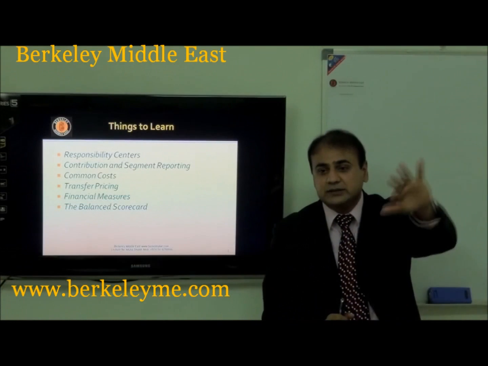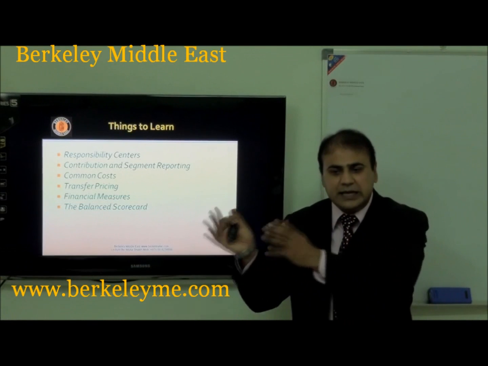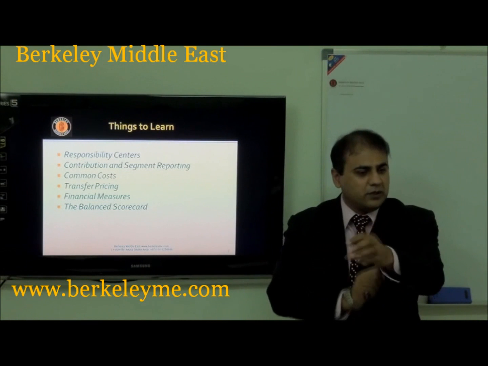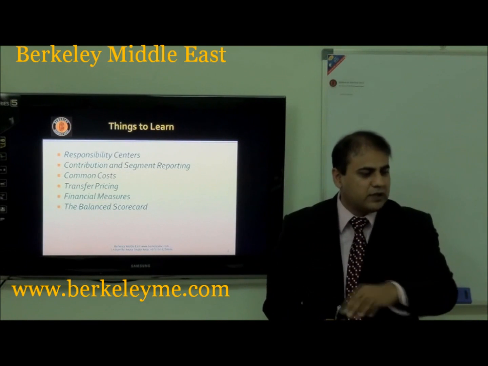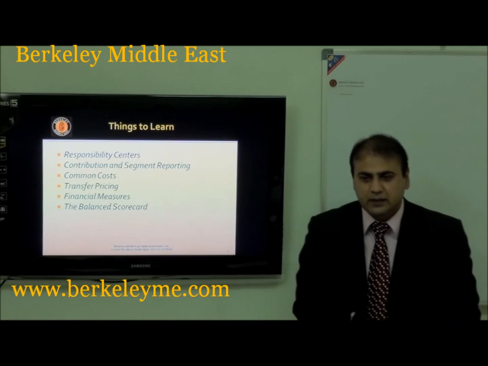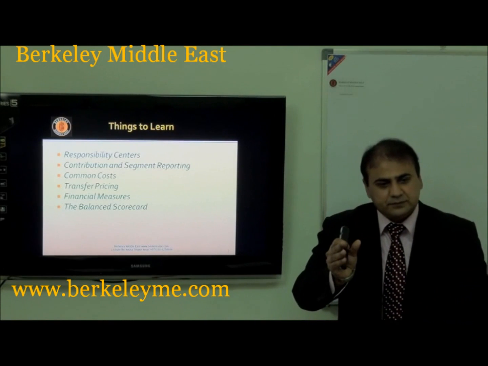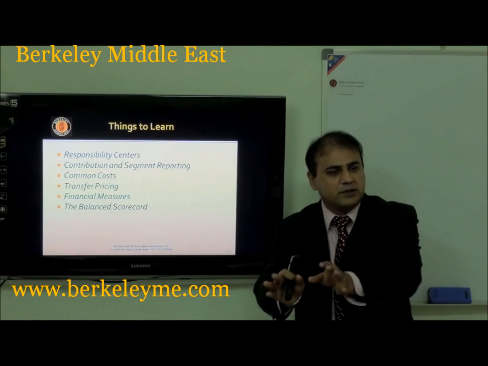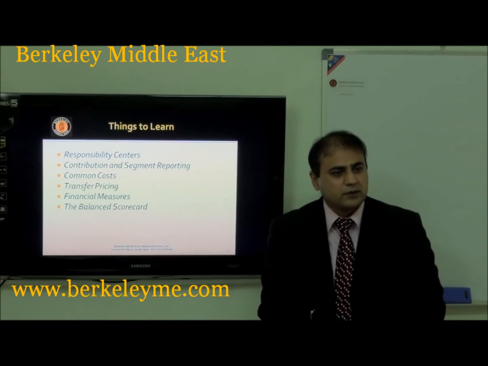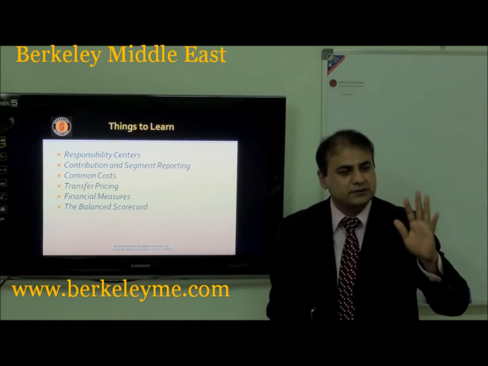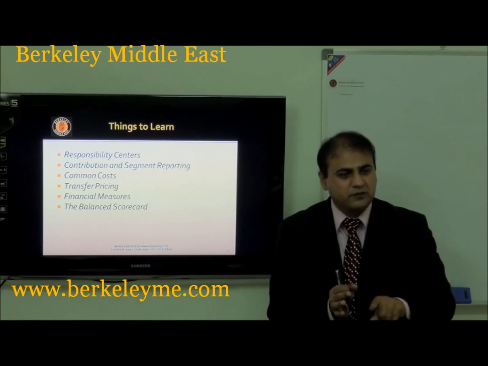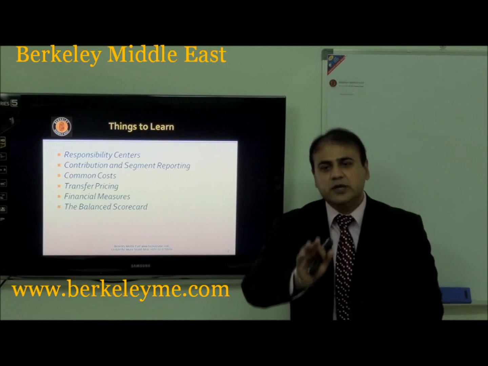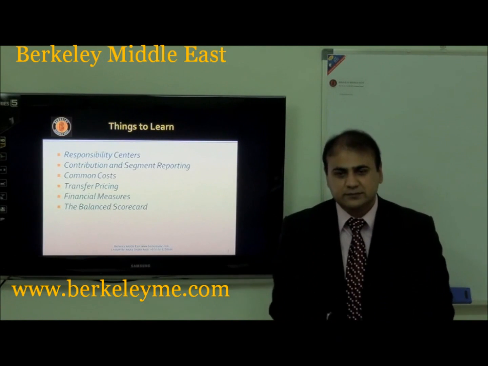Now let's come in the production environment, where we have dyeing department, finishing department, polishing department, packaging department. A lot of departments are there. So one department, you make him responsible for his cost. If you make him responsible for only cost, this will be a cost center.